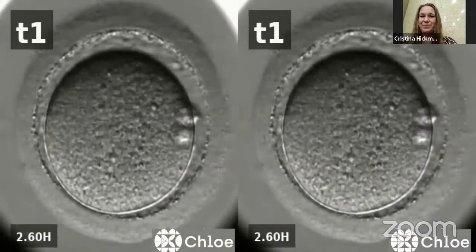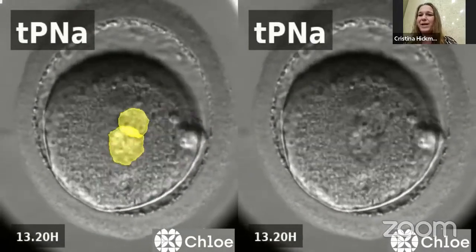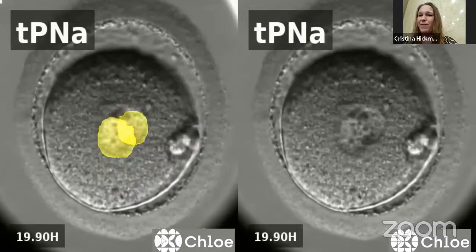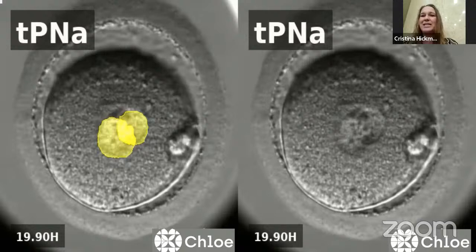Next slide. So here's a video of an embryo developing very early on. And those two yellow dots that you see on the left are what we call the pronucleates. Chloe highlights them to the embryologist and allows you to see the two pronucleates. Now, interestingly, one of these comes from the mom, the other one comes from the dad. Next slide.